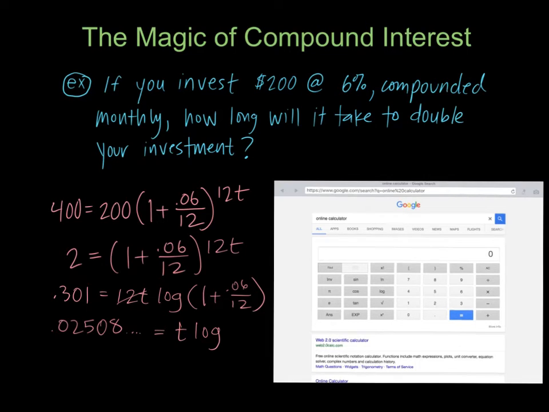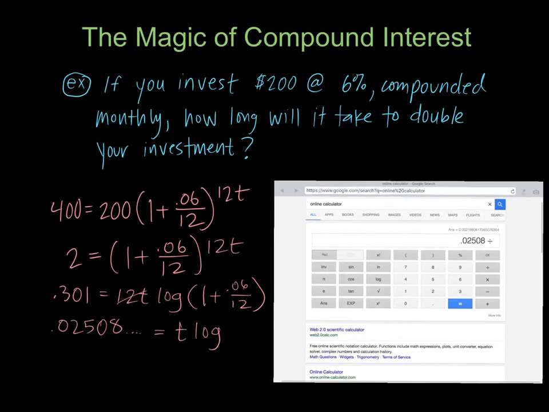So my parentheses are 1.005, and my log of that answer is this number, 0.0021, and my answer is going to be 0.02508 divided by that number. And I get 11 point, let's just call it 11.6.